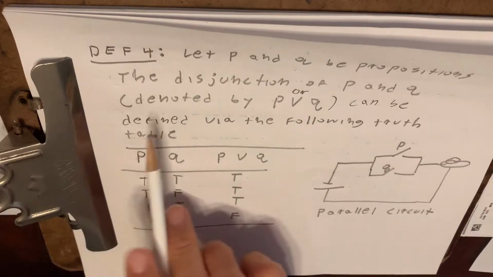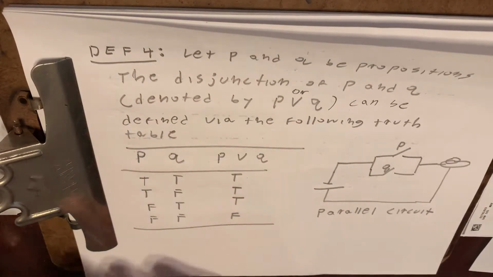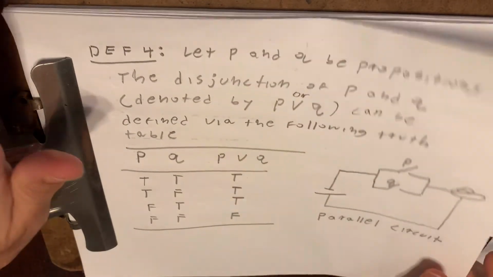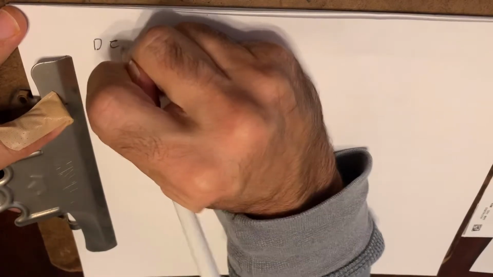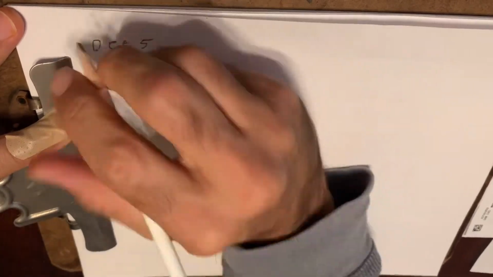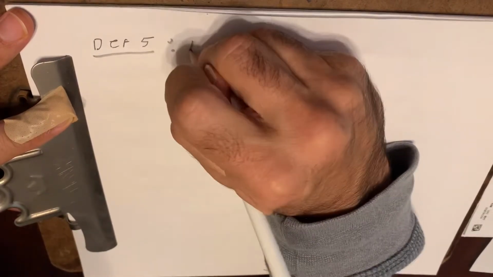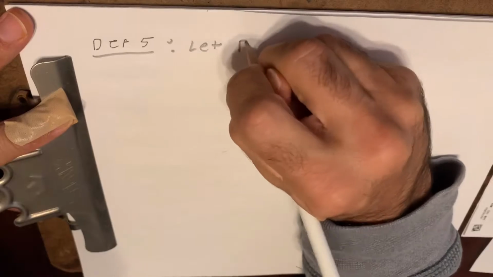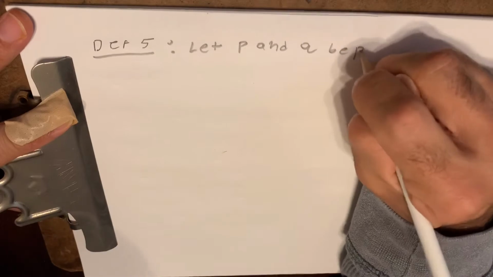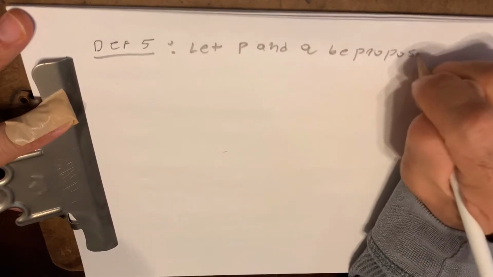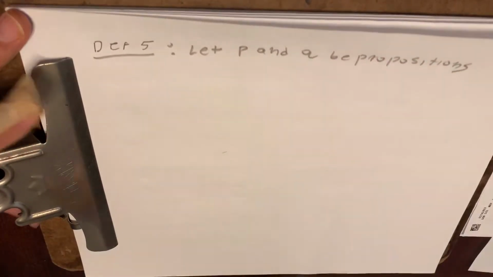So far, we've done not, and or. We have another one for symbolic logic. Definition 5. So let's let P and Q be propositions, just as before.